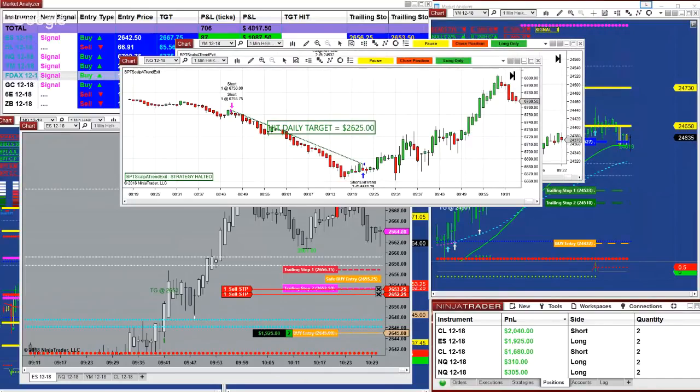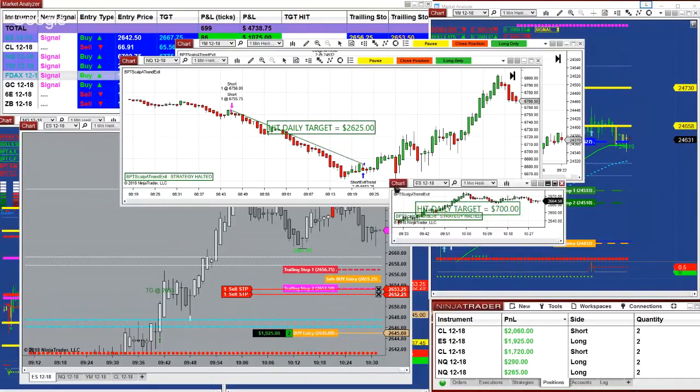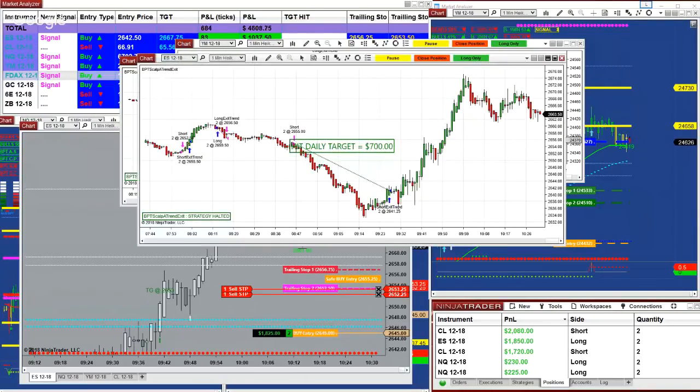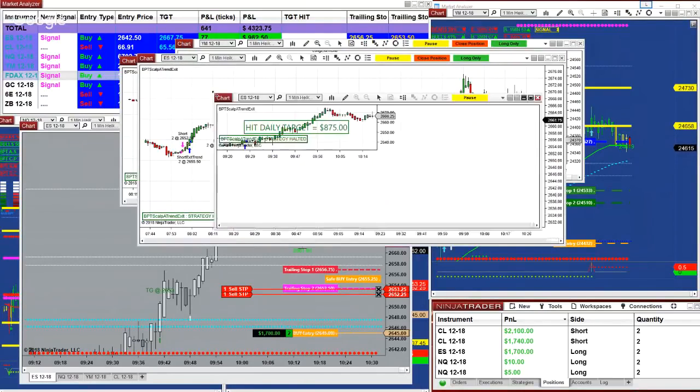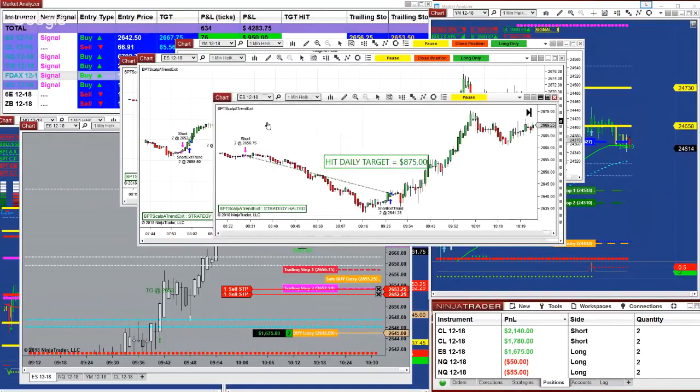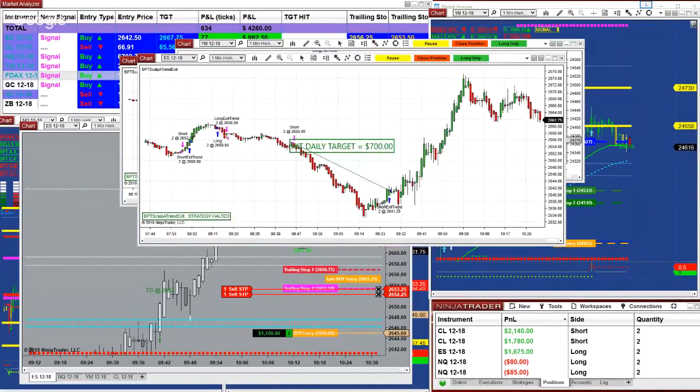So how you want to play the game, you can play it. And the ES on the filtered one hit the target at 700, and the unfiltered hit the target at 875. This is not bad. There is around a couple of $100 between filtered and non-filtered, but the filtered can also keep you away from the chop market.